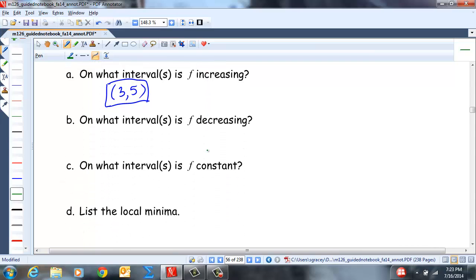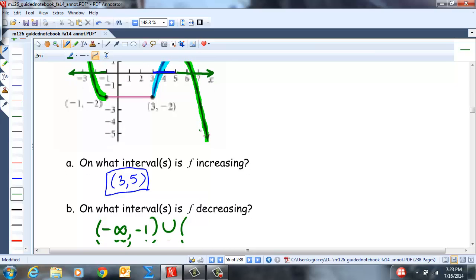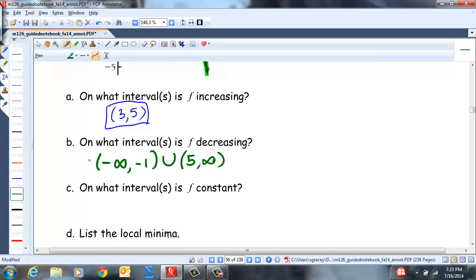So our answer would be from minus infinity to minus 1. You join two intervals by doing this union business. And then we said it went from 5 to infinity. Good so far? Okay, so that's our answer for part B.